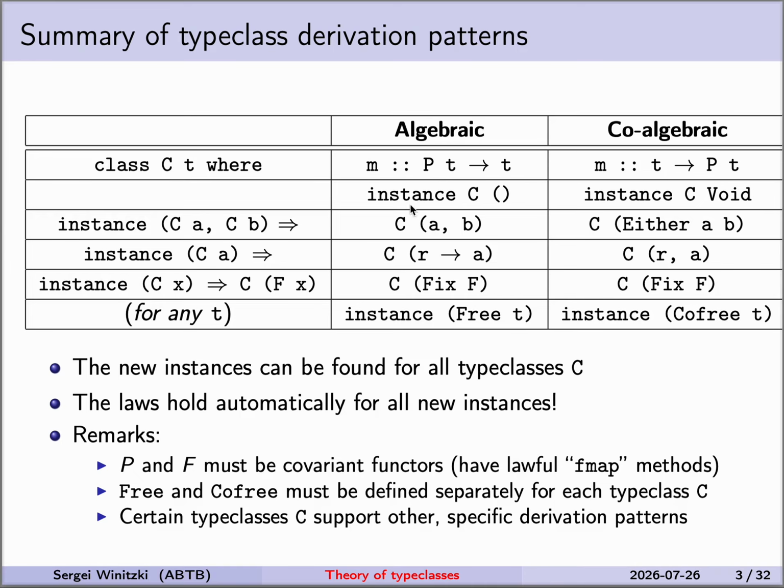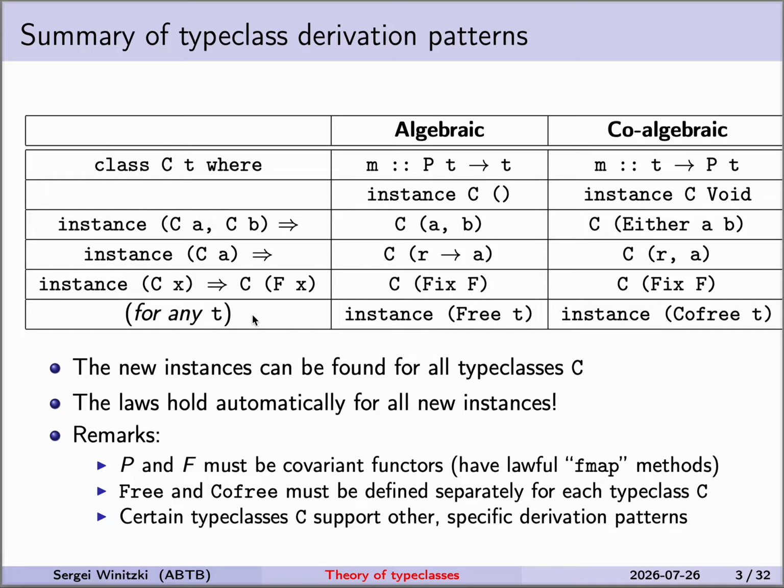So if we have a type class C, then the unit type is an instance of C, and then if we have two types A and B that have instances, then we also have the pair instance. If you have instance C A, then there is an instance for a function R to A where R is a fixed type. And finally, the fixed type.